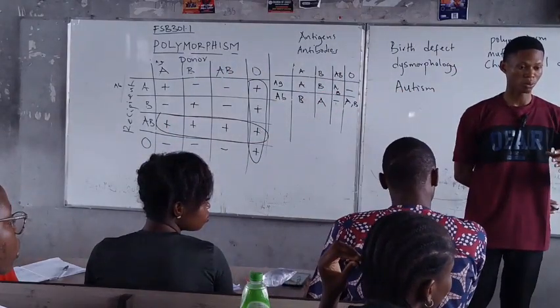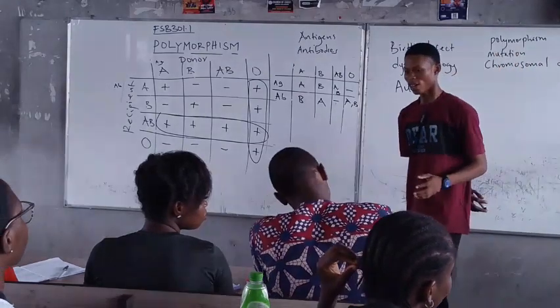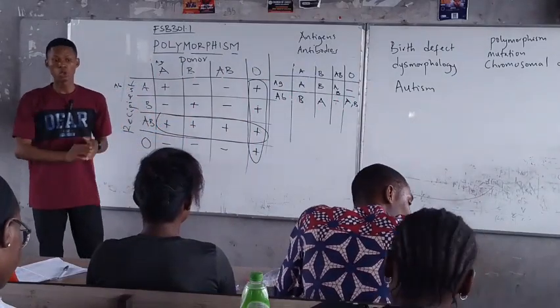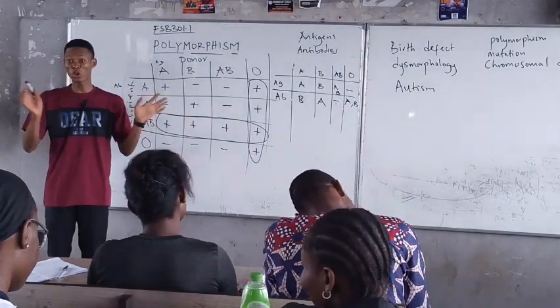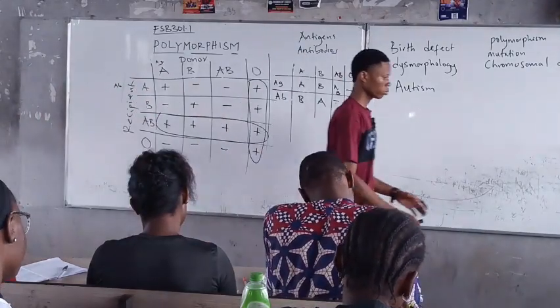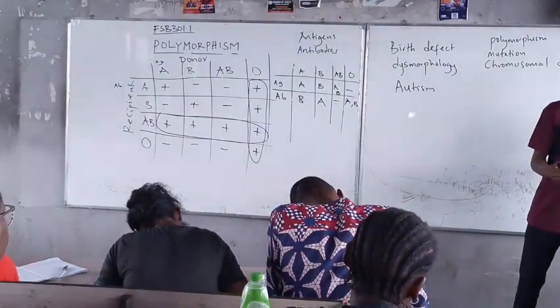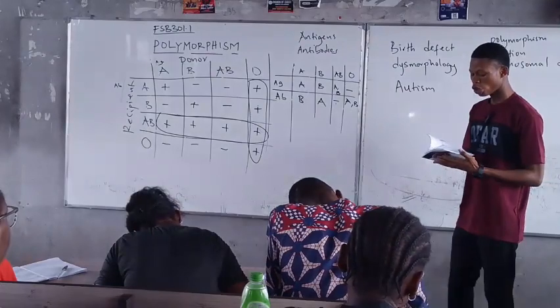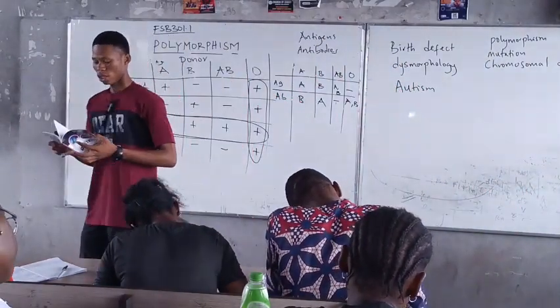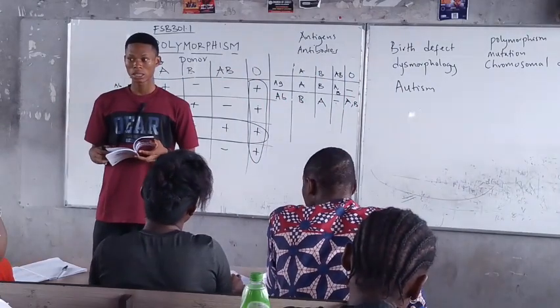We are coming to rhesus factor. All right, but do we understand this one? Good. Any question? No question, right? Can we move on now? All right. So the universal recipient is what?